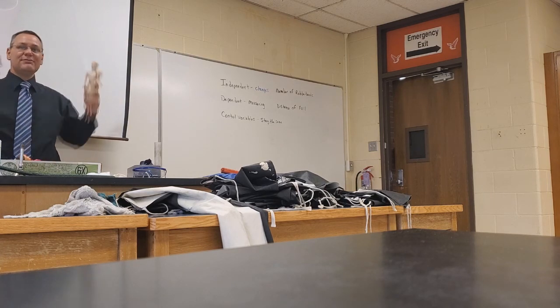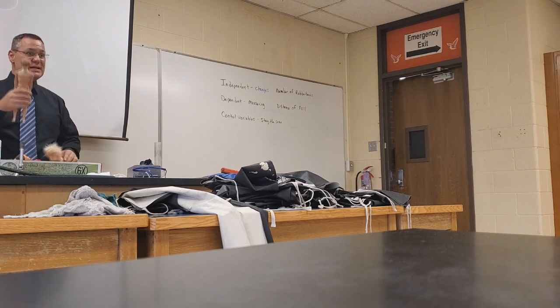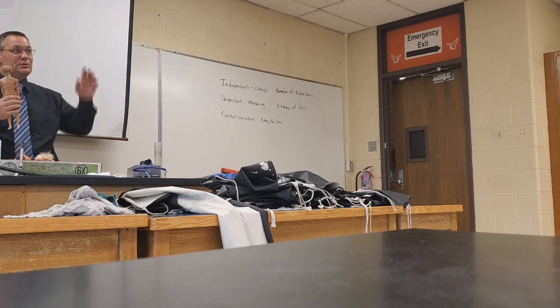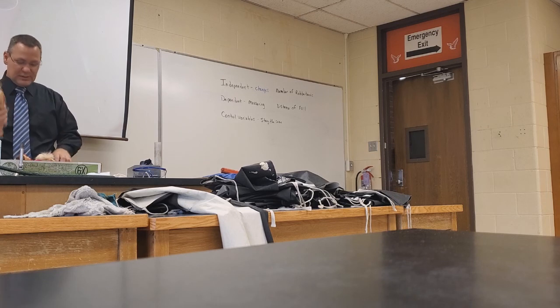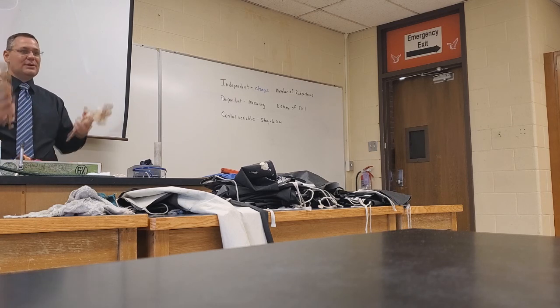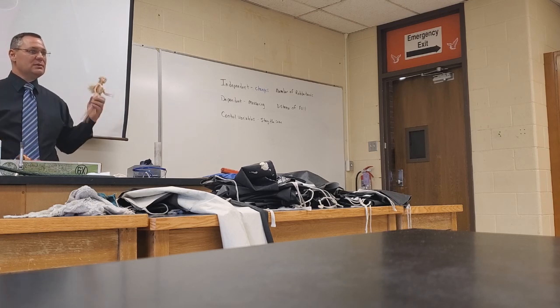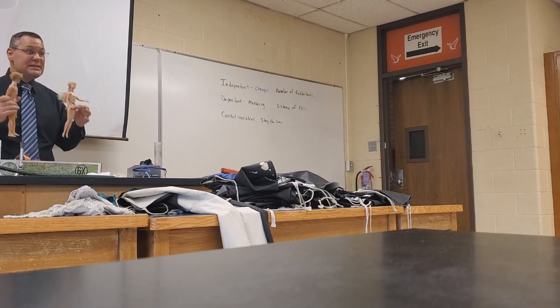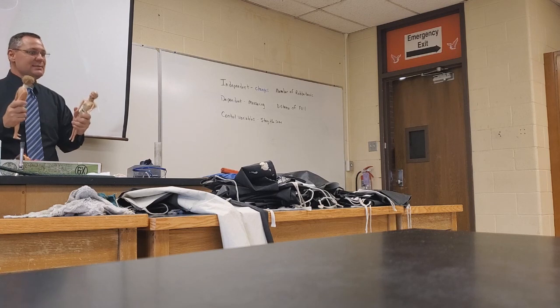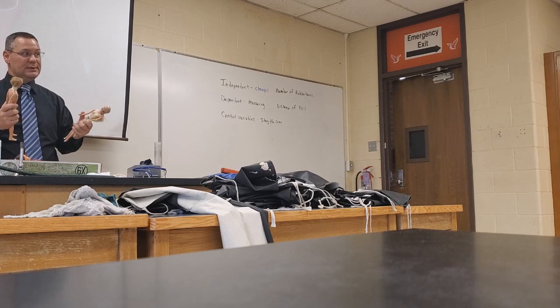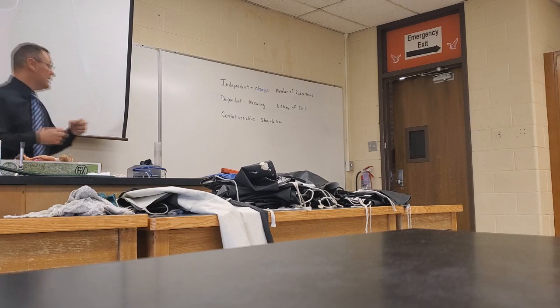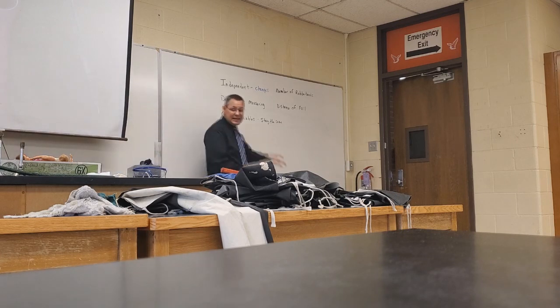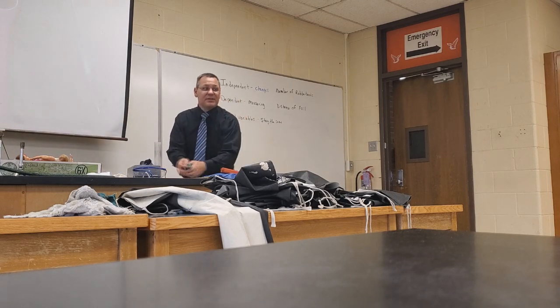So whatever Barbie doll you're doing your testing on, that's the Barbie doll you want to use on the challenge. For all I know, one of these weighs more. I'm guessing Ken weighs more than Barbie. To be fair and to make it an accurate test, you want to use the exact same Barbie doll. That's what control variables are. They're the things that need to stay the same to keep the test fair.